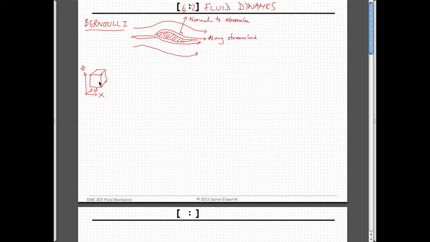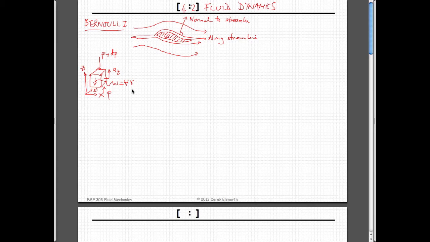We could write an expression which allowed us to look at the fluid pressure applied on the base and the fluid pressure applied on the top. We could apply an acceleration to that in the z direction, which is positive in the direction of the axis. And it also had some weight attached to it, right? Which was equal to just the volume multiplied by the unit weight of the fluid.